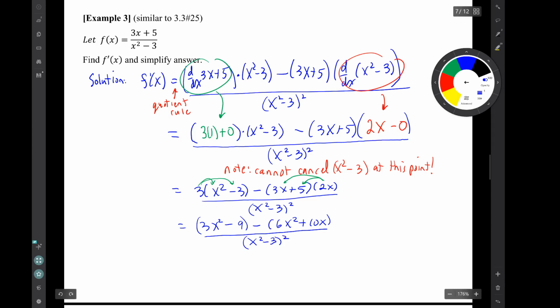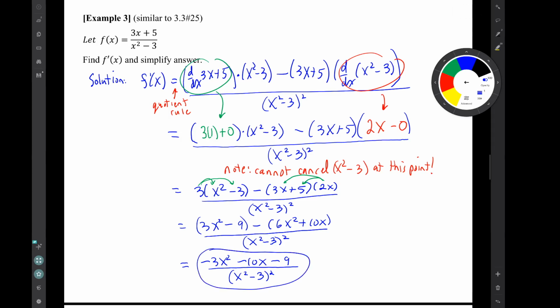Notice that I distributed those terms first, and I left the results in big parentheses. And there's still a minus sign in the middle. Now let's deal with that. Let's do the arithmetic in the numerator the rest of the way. And there's our result. F prime of x is this messy expression. Let's go on to the next example.